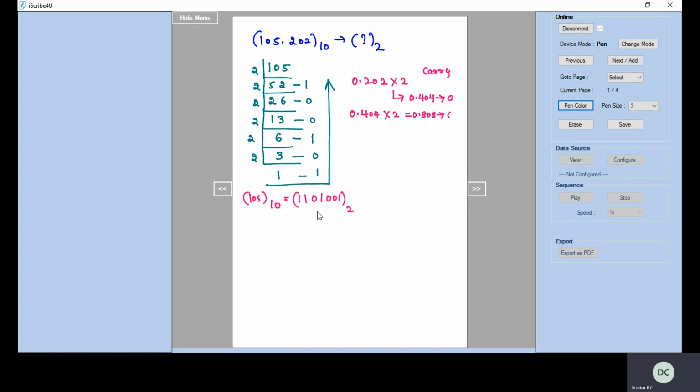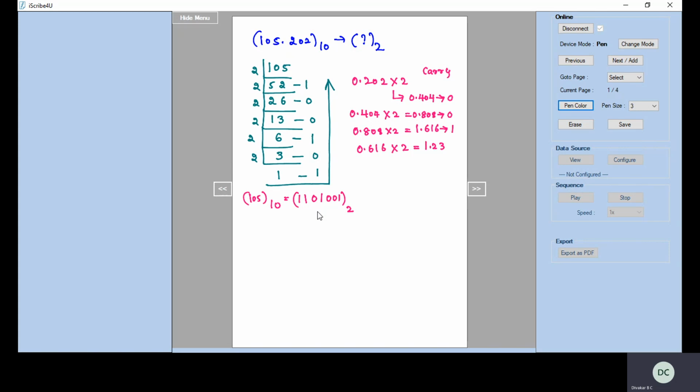The carry is 0. Again, 0.808 into 2 is 1.616. The carry is 1. And if you take the carry 1, the remaining is 0.616 into 2, that is 1.23. So calculate up to 4 or 5 decimal places.